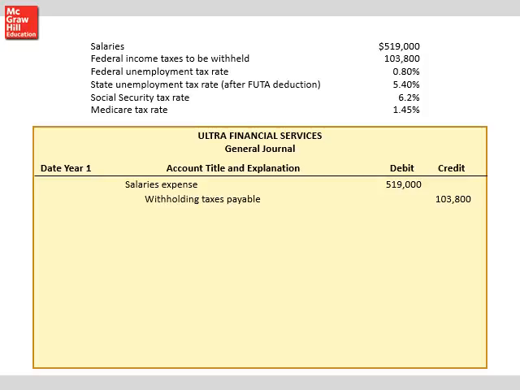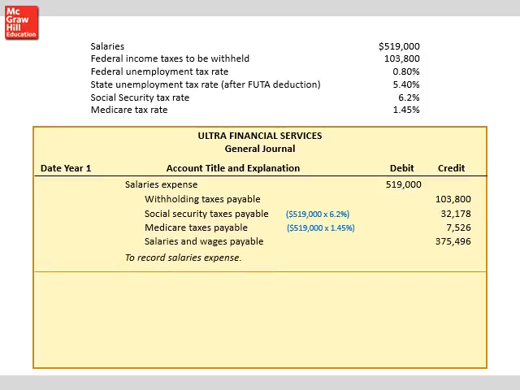Then the Social Security they're going to put first here is 6.2% of the 519,000, $32,178. We're going to have the Medicare taxes, 519,000 times 1.45%, or $7,526. We're going to have salaries and wages payable of $375,496.